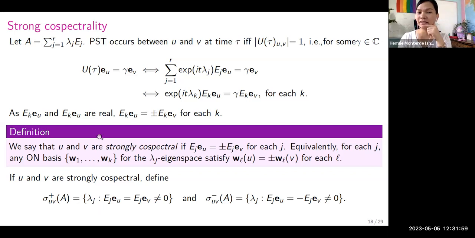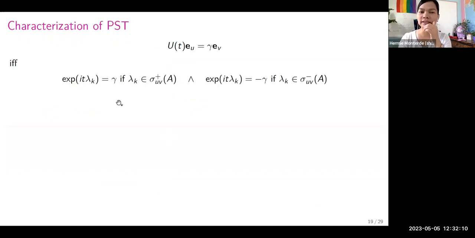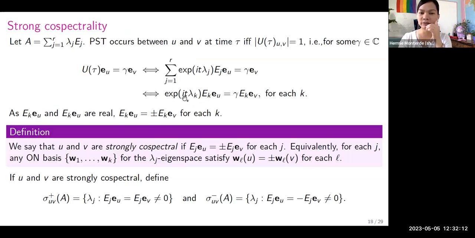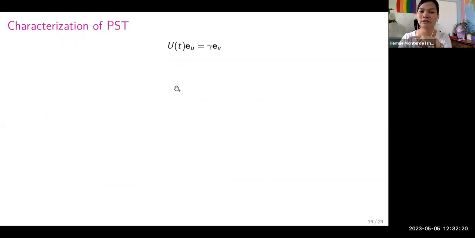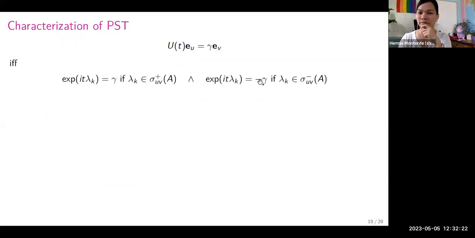Which means that the eigenvalues here in the spectral decomposition, we can classify them into these two sets. So really what's happening here is that these eigenvalues are either equal to gamma or they're equal to negative gamma, assuming strong cospectrality. So that's really just what's happening there.